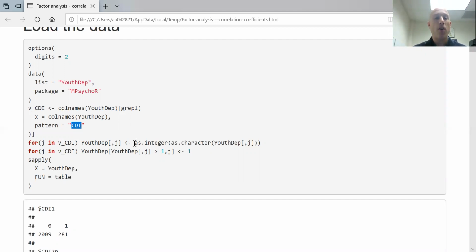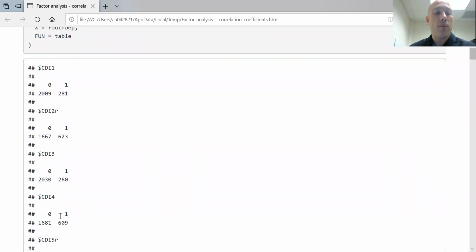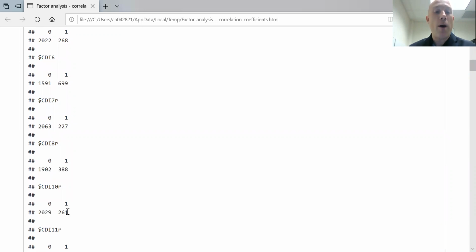All right, so to get things to go in the system, I convert it to an integer, and then anything that's greater than 1, so if it's a 2, I convert it to a 1. Now let's look at the individual tables of each of these to see just how many we have. Realize a 1 represents a 1 or a 2 from the original data.